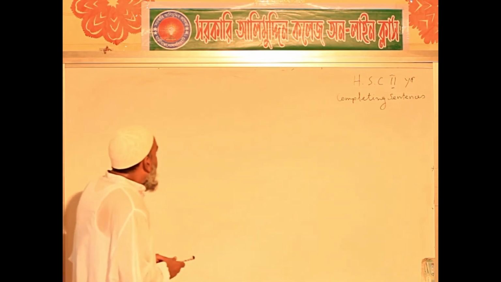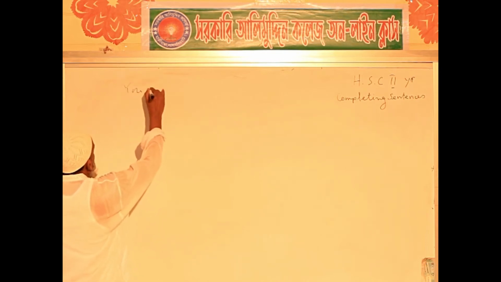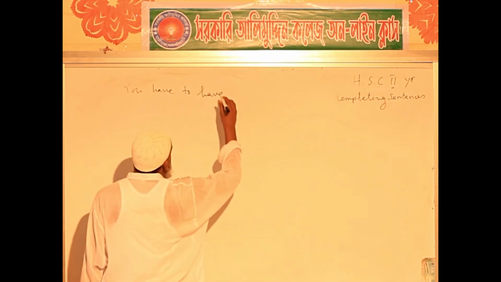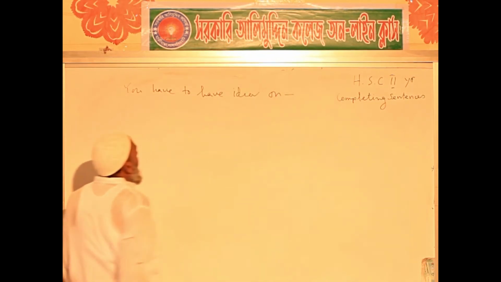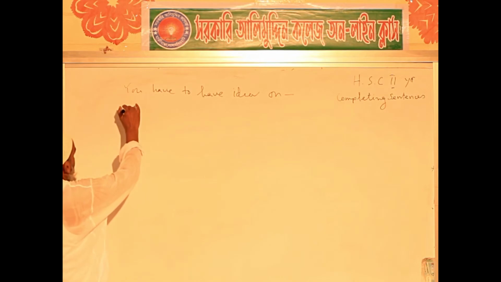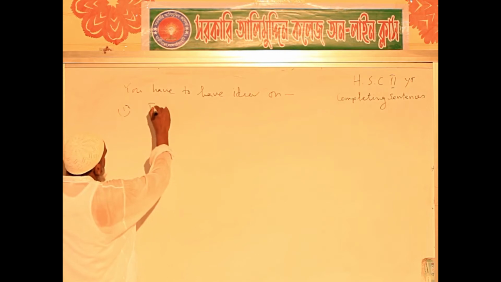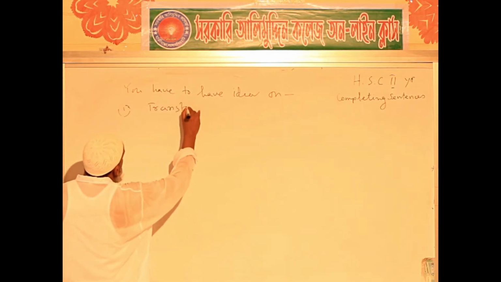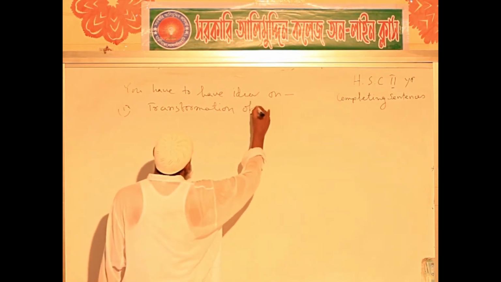So, to do well in this item, at first you have to know these things. You have to have an idea on which items? These are the items. Number 1, transformation of sentences.